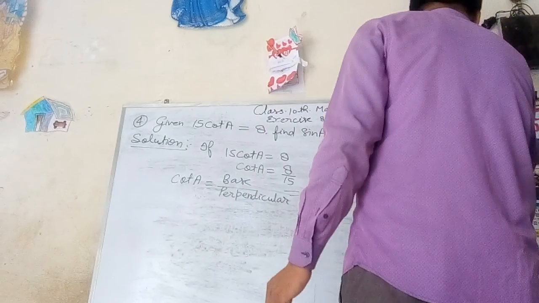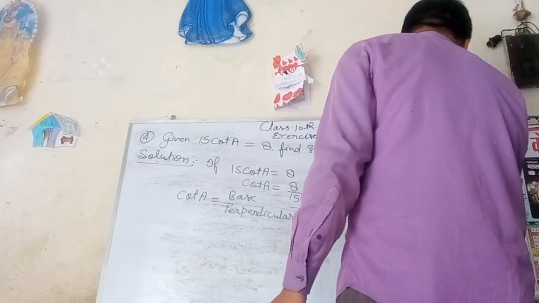So first draw a right angle triangle ABC to solve.